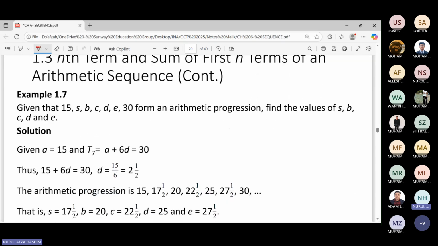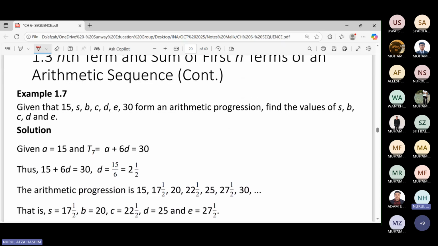Okay, so in this example, they give you the first value and the last value, with B, C, D, E in between, and they ask you to find the middle values. So you know from the equation that A is 15 and the last value is 30. But what is the position here? Because this is first, second, third, fourth, fifth, sixth, and this is the seventh.